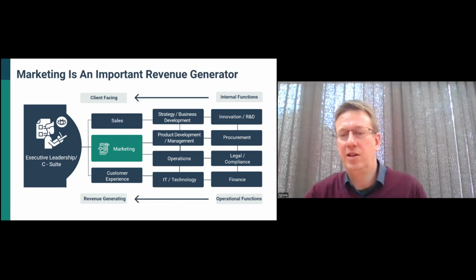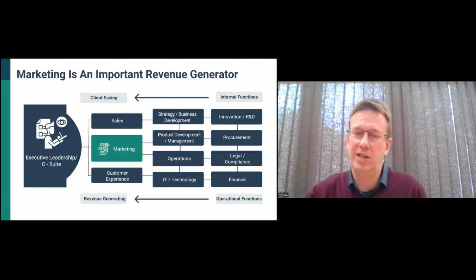These types of functions perhaps naturally have a little bit less interest in need for market intelligence. But then you've got some functions in areas like product development, operations, the technology department, the business development function. There's starting to be more relevance for market intelligence and consumption of market intelligence in those parts of the business.